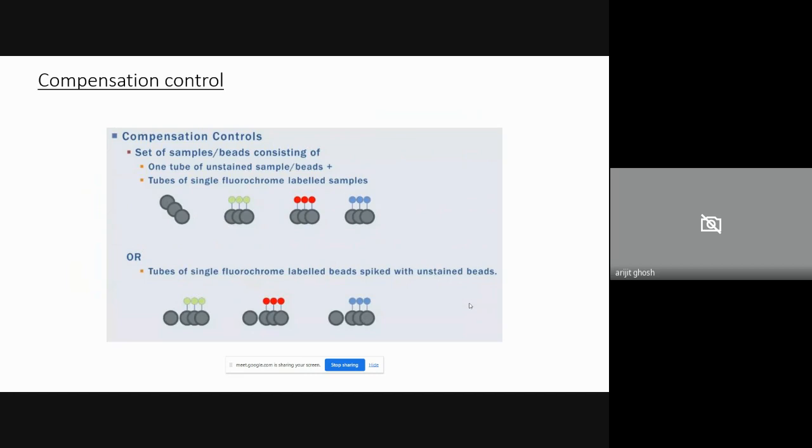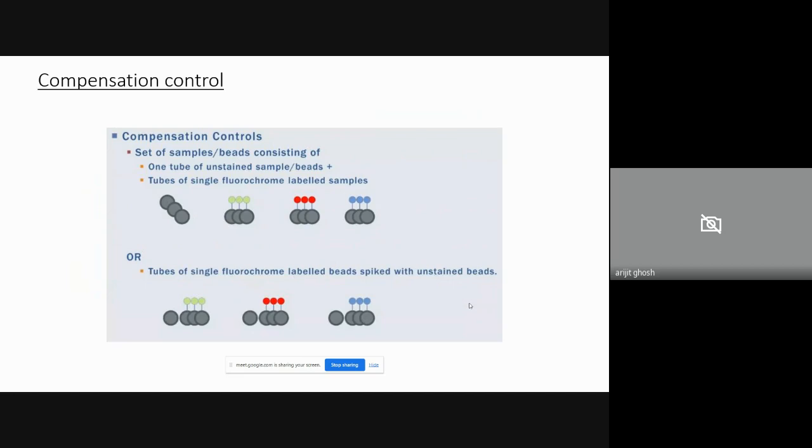Then you can detect whether any signal of PE is falling on the FITC channel, or any signal of FITC is falling on the PE channel, and you can do the compensation with the flow software in the system.